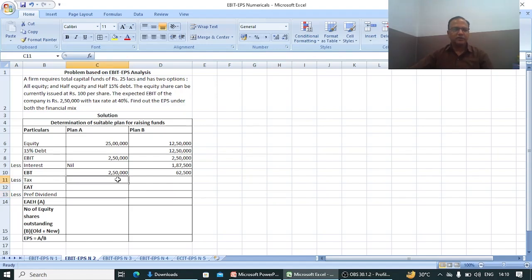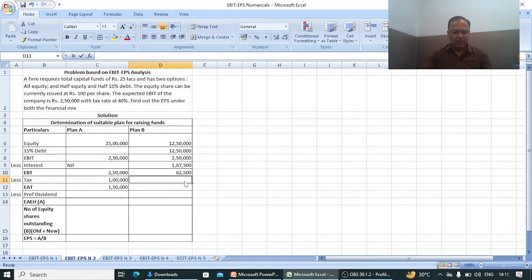Now tax. Tax is 40% and it is chargeable on EBT. So it will be 1 lakh. If you deduct, it will be 1 lakh 50,000. Again, we have to charge tax on 62,500.